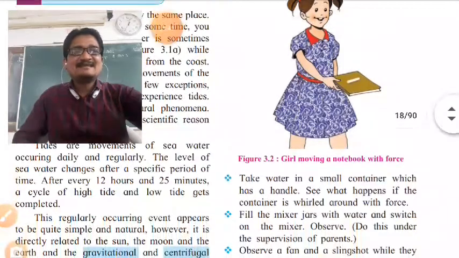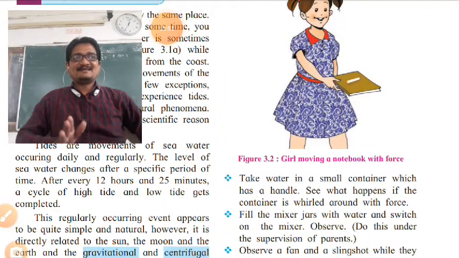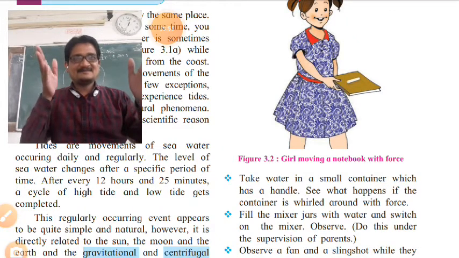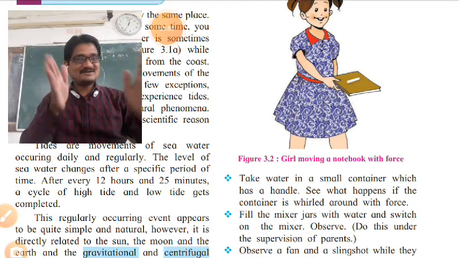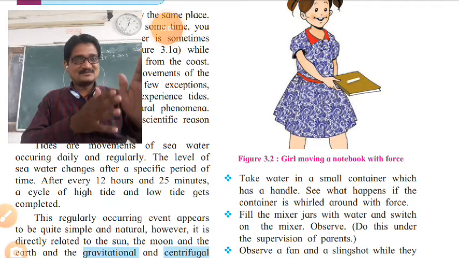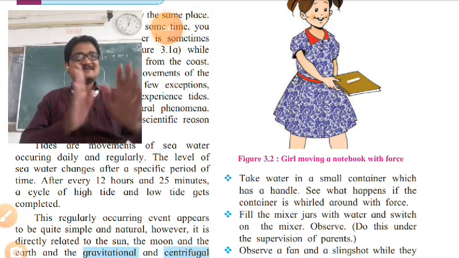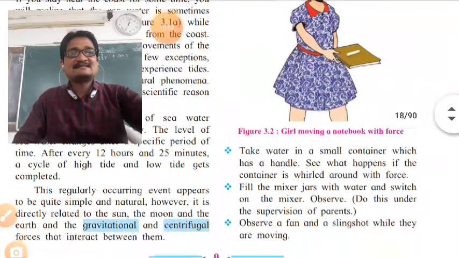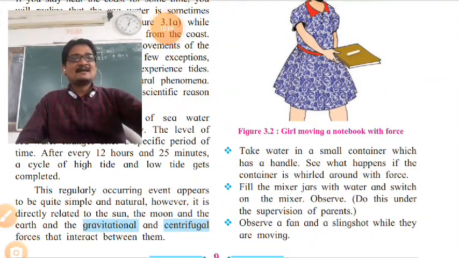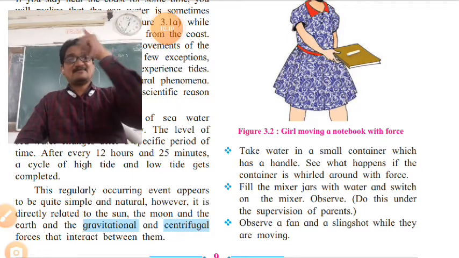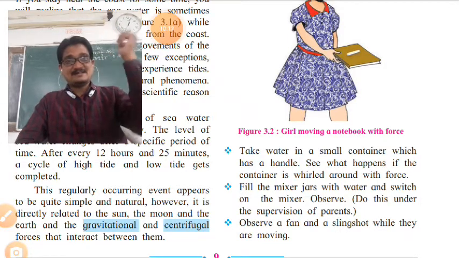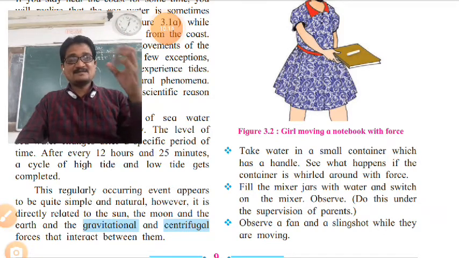Then fill the mixer jar with water and switch on the mixer. Do this under the supervision of your parents. Okay. Observe a fan and a slingshot while they are moving. Observe the fan, how it is moving, and slingshot means gopher.